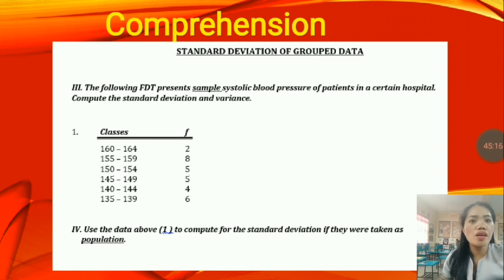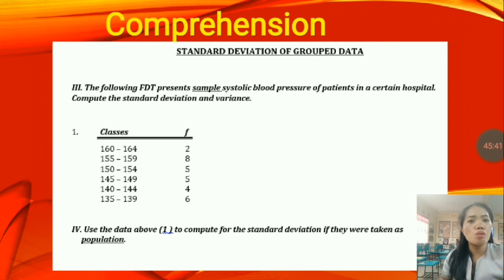You have the following for the standard deviation of group data. Okay, part 3 or test 3, we have the following frequency distribution table presents sample systolic blood pressure of patients in a certain hospital. Compute the standard deviation and variance. So we have here the classes with the corresponding frequency.